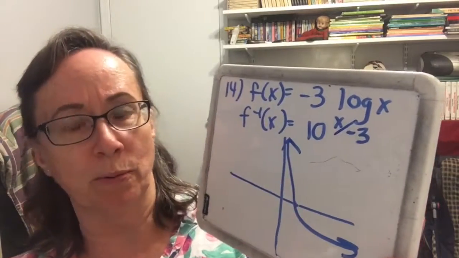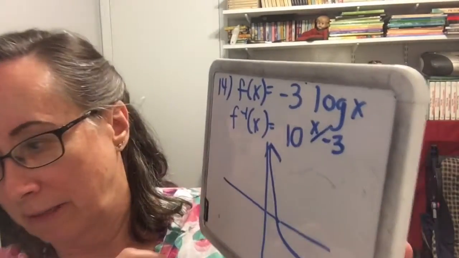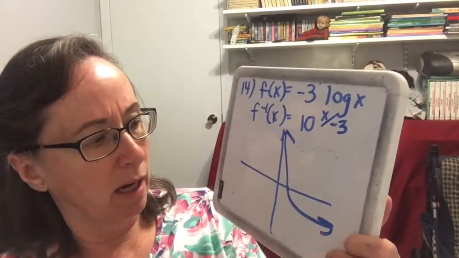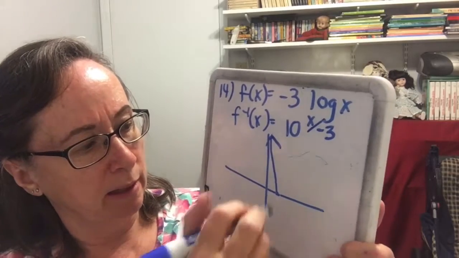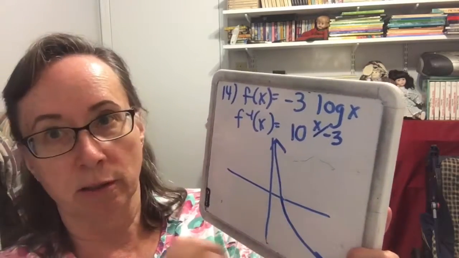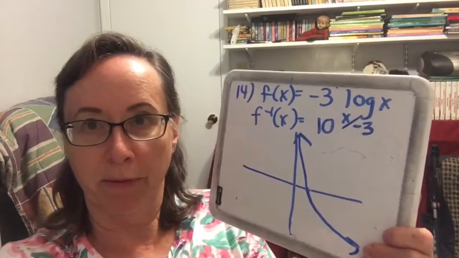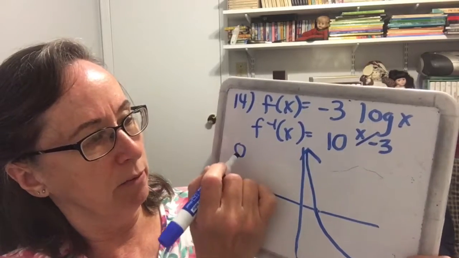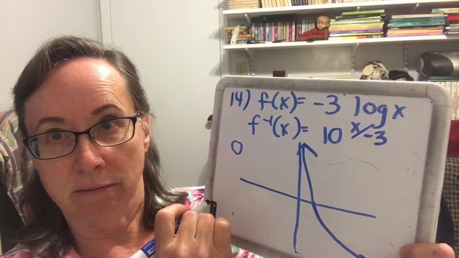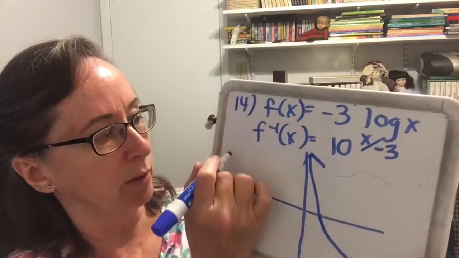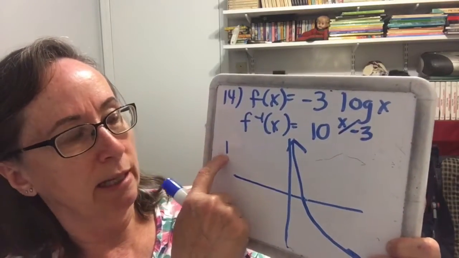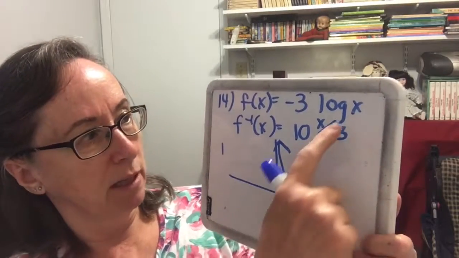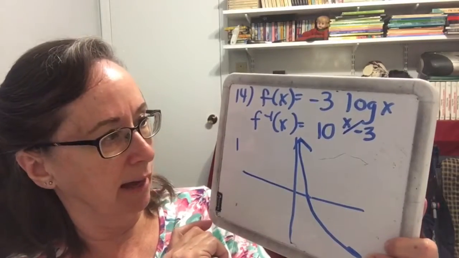So let's plug in a few points to get a little bit of accuracy in here, because that's a stretch also. So it's probably going to be coming down a little bit further. Let's say we're working on this first one. If I plug in a 0, I can't take a log of 0. It doesn't exist, so let's not do that. Let's throw in a 1. Log base 10 of 1 is 0, and I multiply that by negative 3 and still have 0.